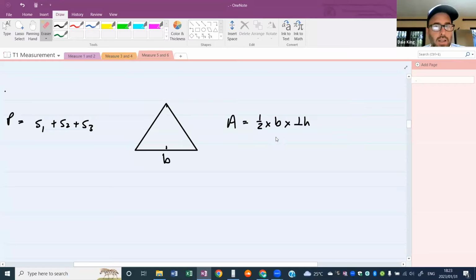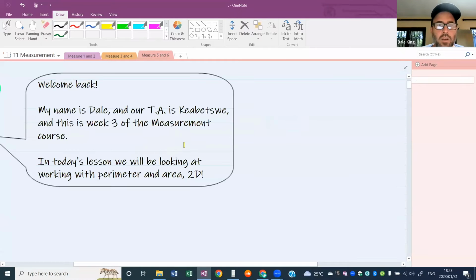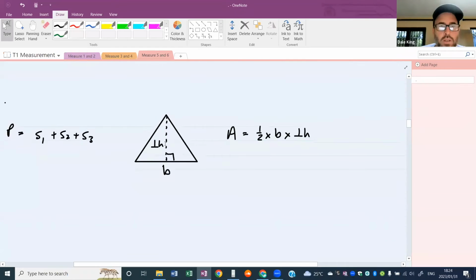The perpendicular height that goes in this formula must come off the base at 90 degrees. So often they will give you a dotted line coming off the base to show you that's the perpendicular height. They'll also show you with the symbol that those two lines are perpendicular. So look for the symbol and look for the dotted line.